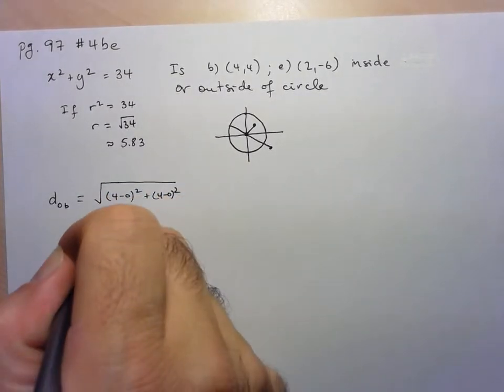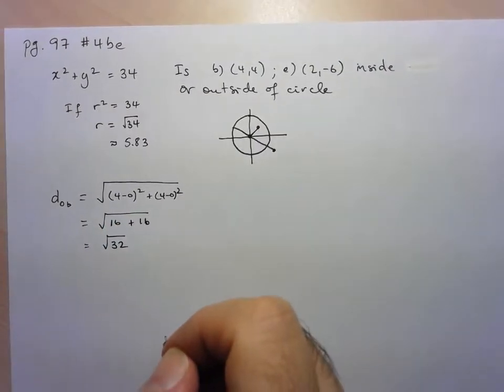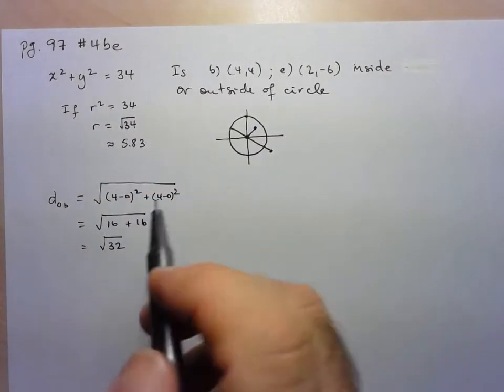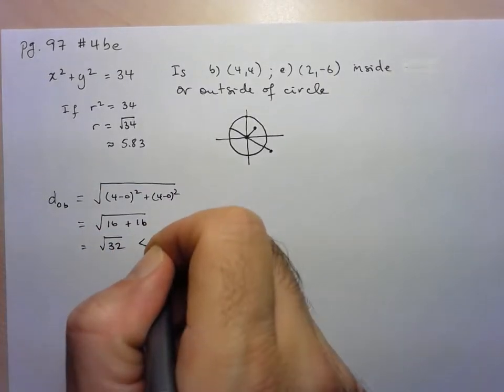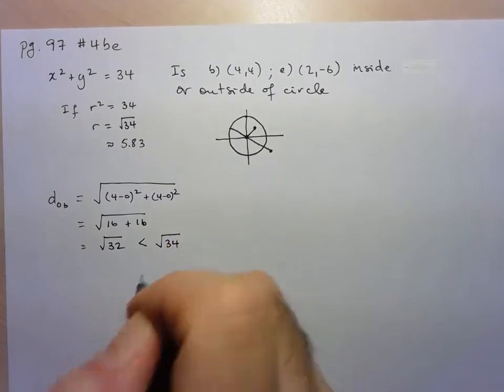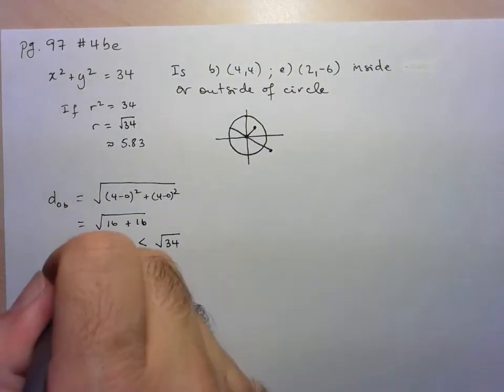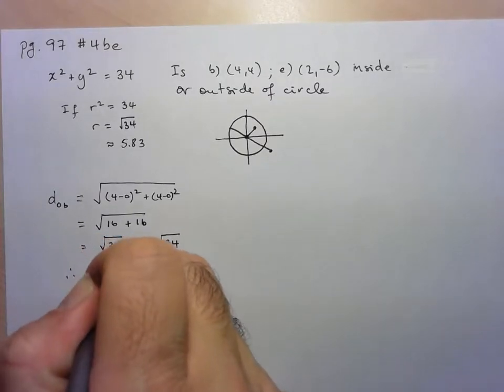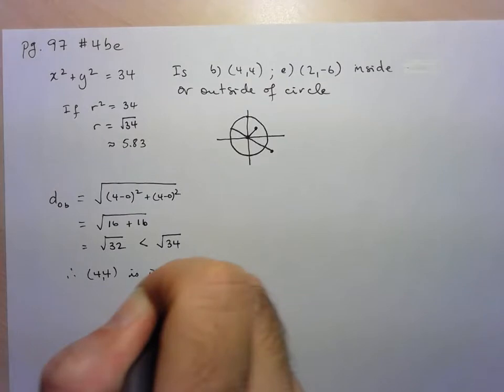Here we have the square root of 32. Actually, we didn't even need to find an approximation for the radius. It's clear that this is less than the square root of 34. That means this point has to be inside of the circle. Therefore, 4, 4 is inside the circle.